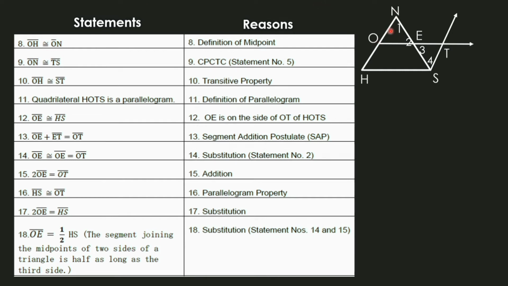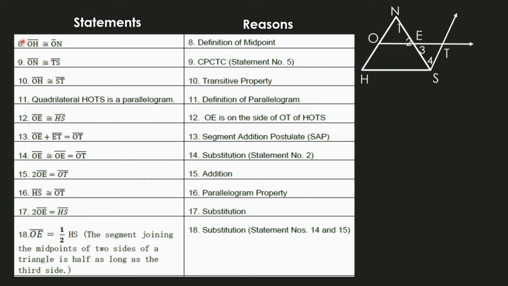ON is here, TS is here. Reason, CPCTC in statement number 5. Since this triangle is congruent to triangle TES. Next, OH is congruent to ST. So that is transitive property.